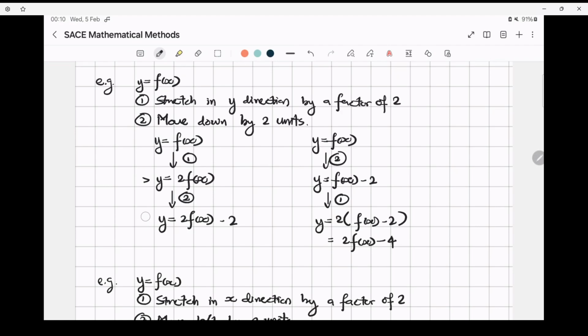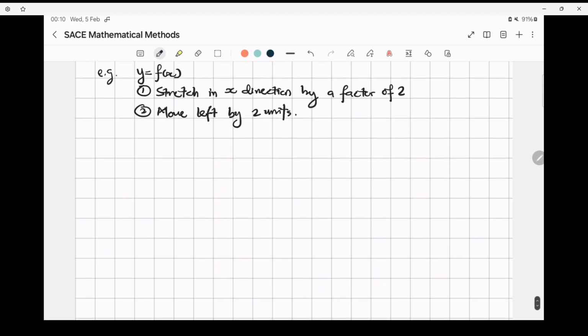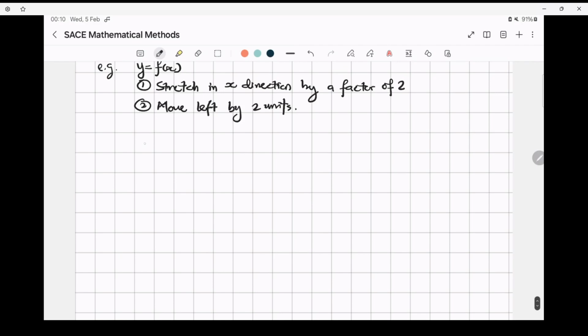This time, what you need to do is start from x. Let's say I begin with the first transformation. After the first transformation, the new coordinate is what I would call x prime. You stretch it by a factor of 2, so you get 2x.